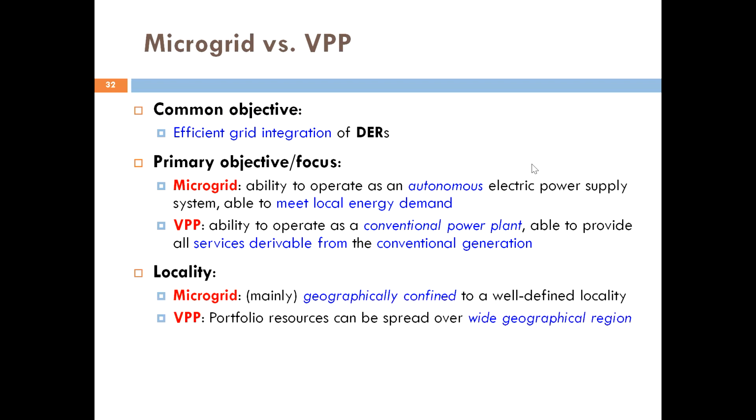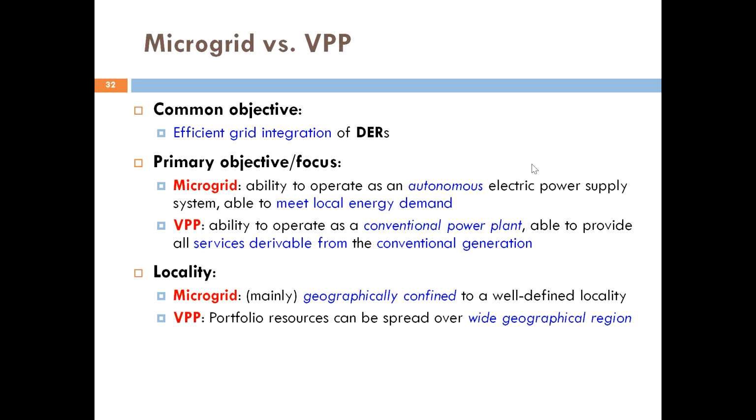Then we also have the locality aspect. Again, a microgrid is geographically confined. It's mostly local, whereas a virtual power plant, because it makes use of advanced information and communications technologies, is not confined in terms of geography, because it aggregates distributed energy resources that are spread over a wide geographical region.